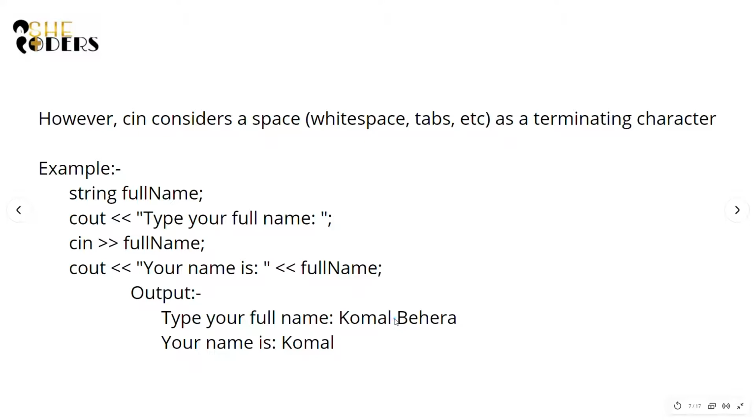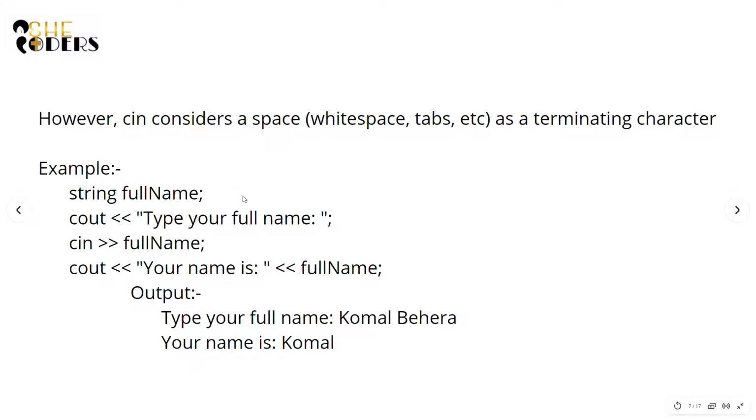The computer will take this blank space as the point of termination. Whatever we write after this space, it will just ignore, and it will only take and store Komal as the value in the full name variable.